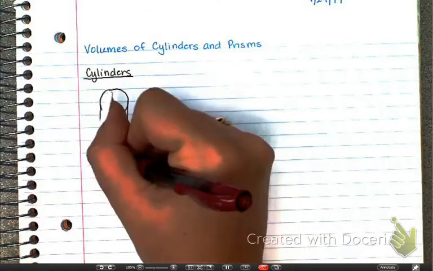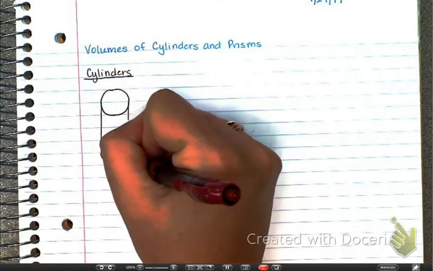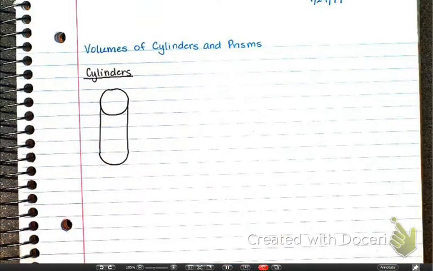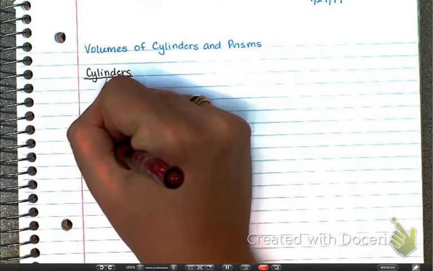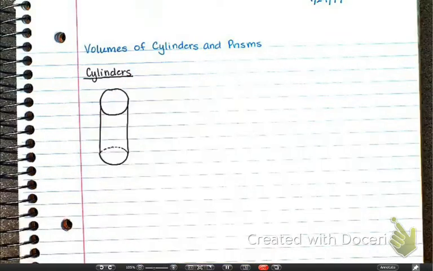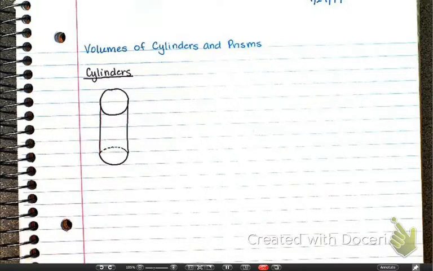Okay, and then you're going to round out the bottom. And then I'm going to add a dotted line in the back so that I know that it's standing up. Some of you are better drawers than me, or worse, which is fine. You just need to know what the picture is, roughly. Everyone have a cylinder?